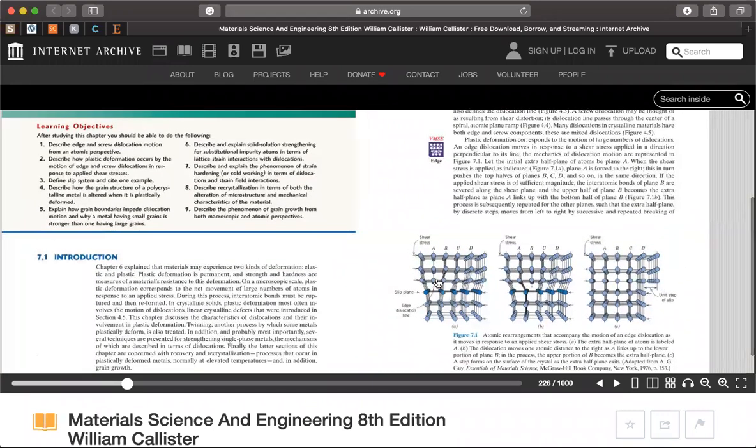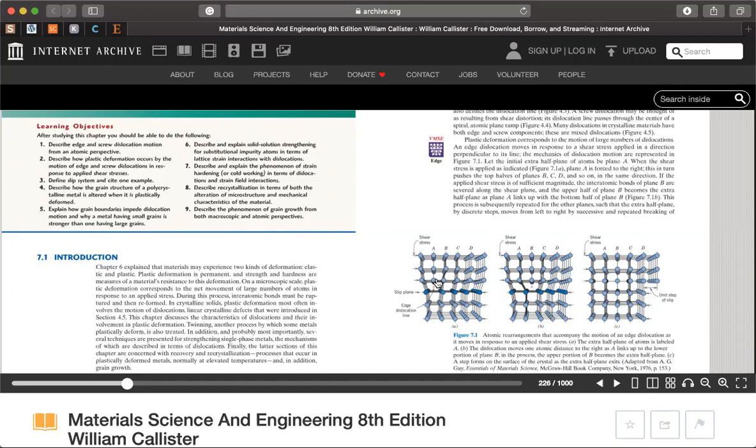That movement, the slip of that line, will be on a certain plane and in a certain direction, because inside the material there are many directions the dislocation can move to, and many planes the dislocation can slip on.